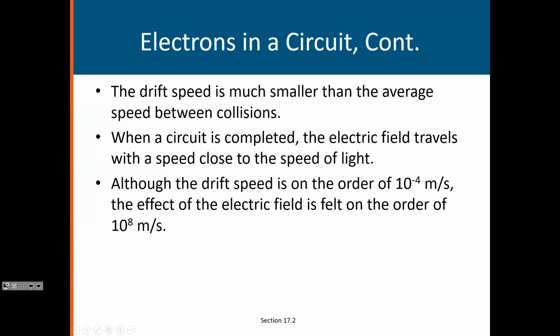It travels at the speed of light and the bulb lights up almost immediately. The drift speed of the electrons is very small, like millimeters per second or even less, whereas the speed of the electric field is almost the speed of light.